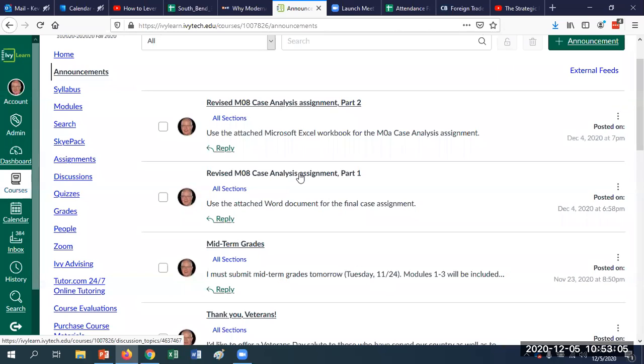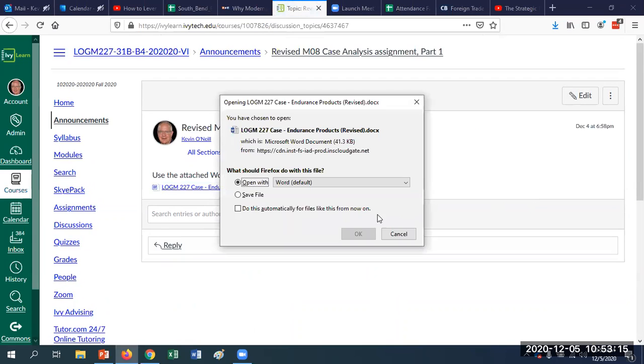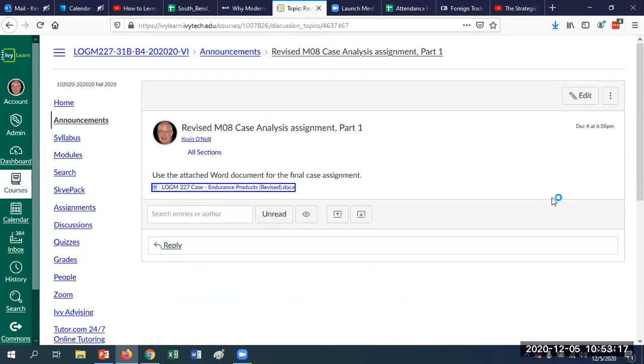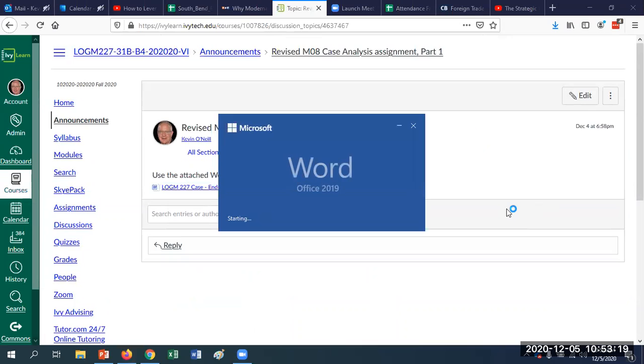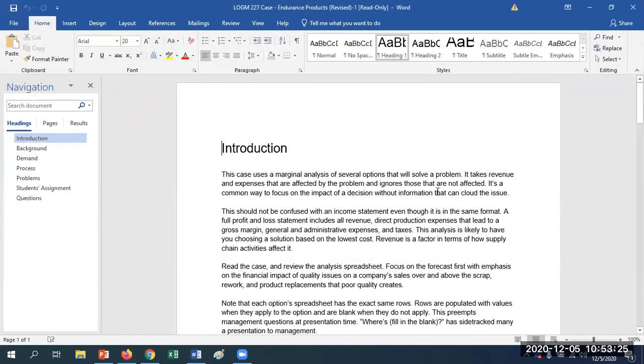So I put them in announcements because that was a way to make them available to everybody. If you see this case analysis part 1, we're going to download the case, the document, and open it with Word. And enable editing, and you see that there.